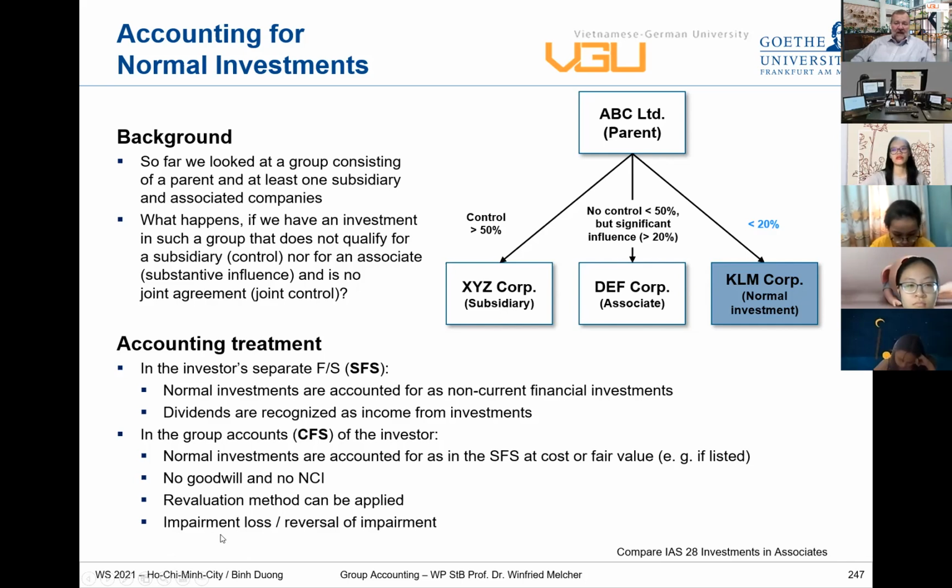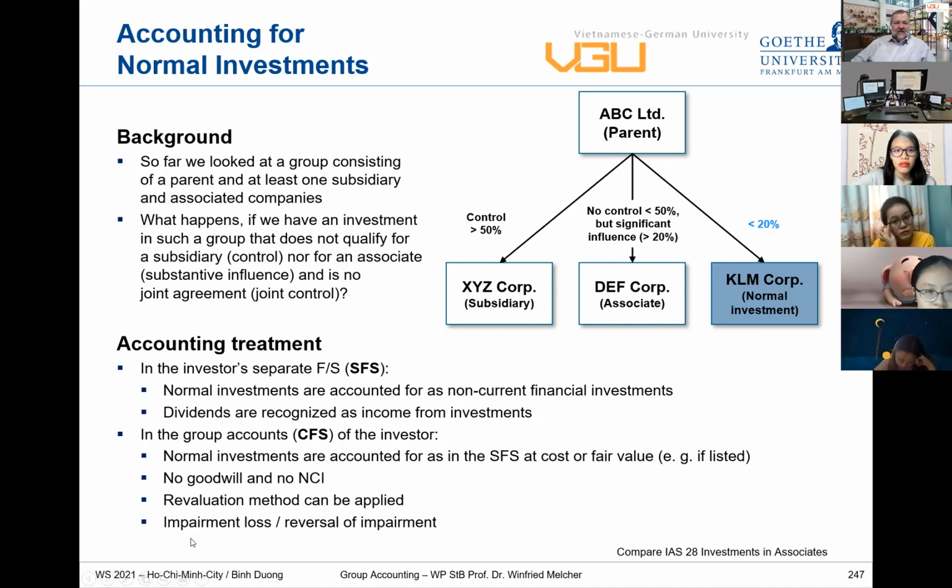But when there is an impairment, of course, you have to impair the normal investment and you have to show the loss in the consolidated financial statements. So you will have to show expenses. The impairment loss will be recorded as expenses in the consolidated income statement.